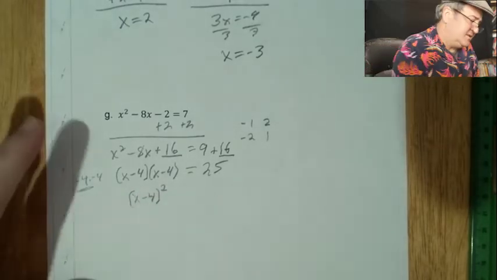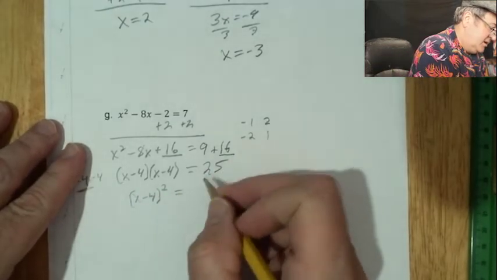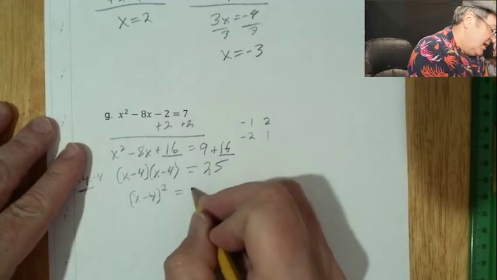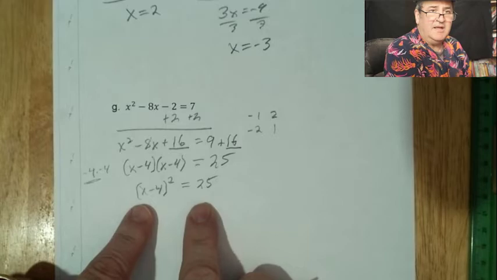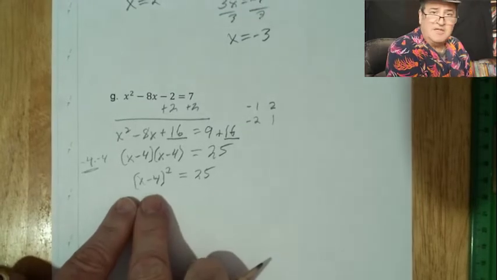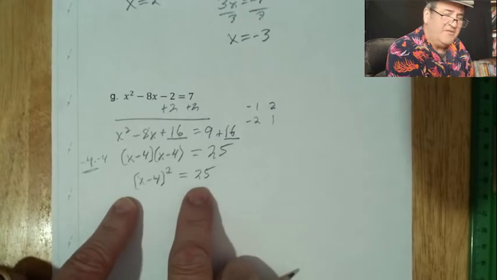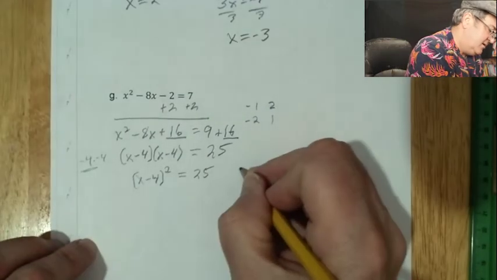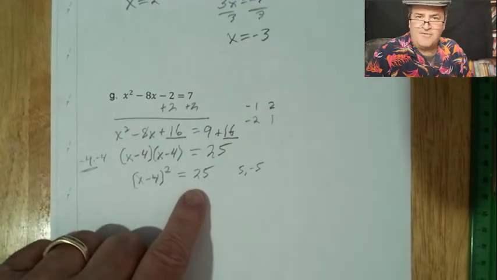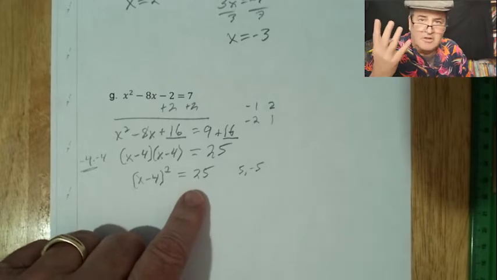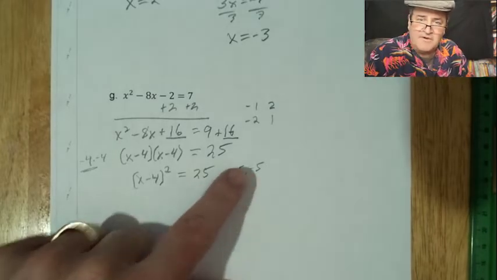And 25 is the same as what squared? Well, it could be 5 or -5. So I'm going to leave that as 25 at the moment because we're about to say, here's our two factors, x minus 4 and x minus 4, and they could equal 25, but there's two numbers we just said, right? 25 could be 5, could be -5. So I didn't want to write that as 5 squared because that's only one thing it could be. It could be -5 squared.